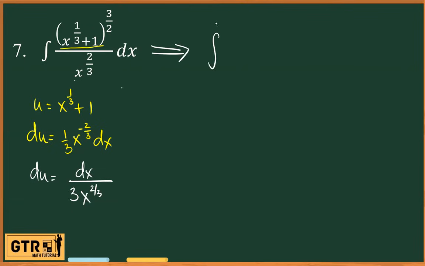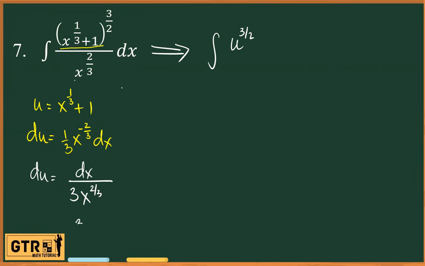We have the integral of x^(1/3) + 1, which is u, so we have u^(3/2), and then dx over x^(2/3). But we have a 3, so multiply both sides by 3.